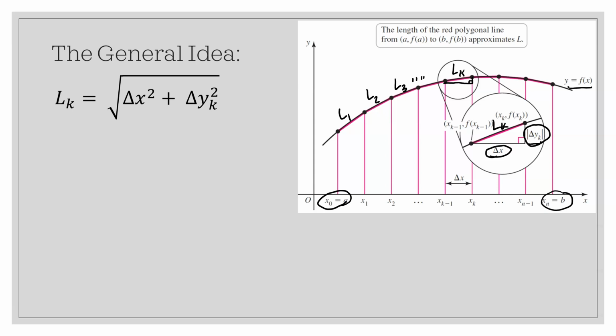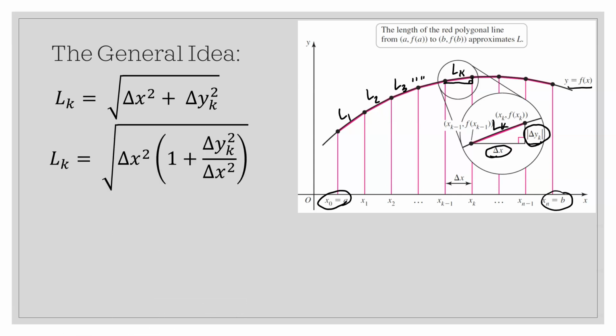Now I am going to do some fancy algebra here. I'm going to factor out the delta x squared, and as you can see, delta x squared is on the denominator now because we factored it out. Delta x squared is under the square root, so delta x comes outside of the square root.